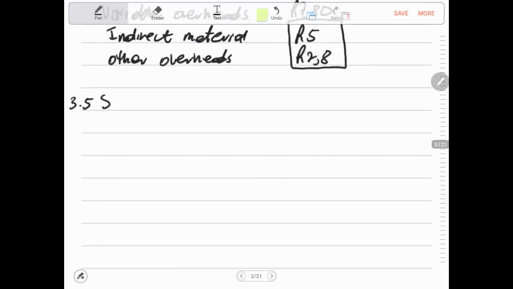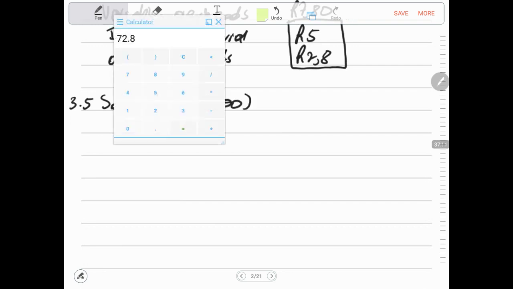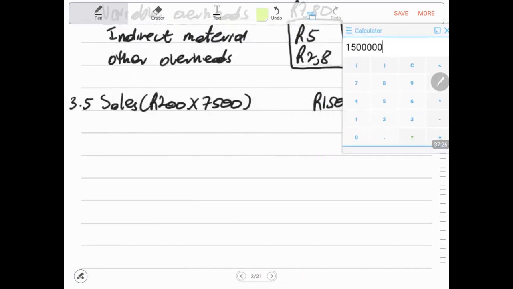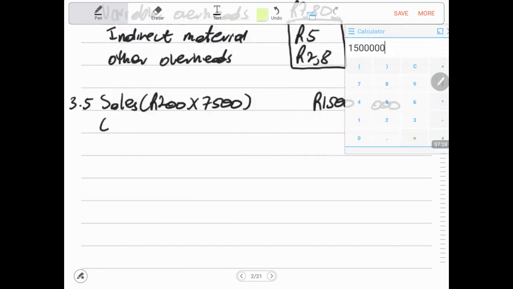So now we say our sales, we sold our units for 200 and we sold 7,500 units. So now we say 7,500 times 200. It gives us a total of 1,500,000 rands. 1.5 million.